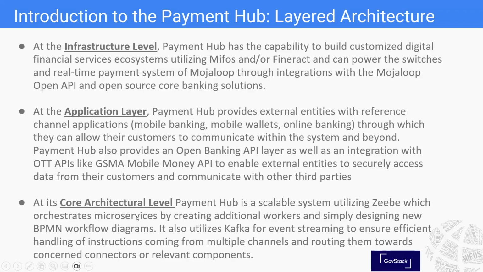At its core architectural level, Payment Hub is a scalable system, as we have already told you, because in one of the upcoming sessions we are going to show that we have multiple deployment models as well. Depending upon the requirement of the implementer, the model through which it is deployed can be increased or decreased.